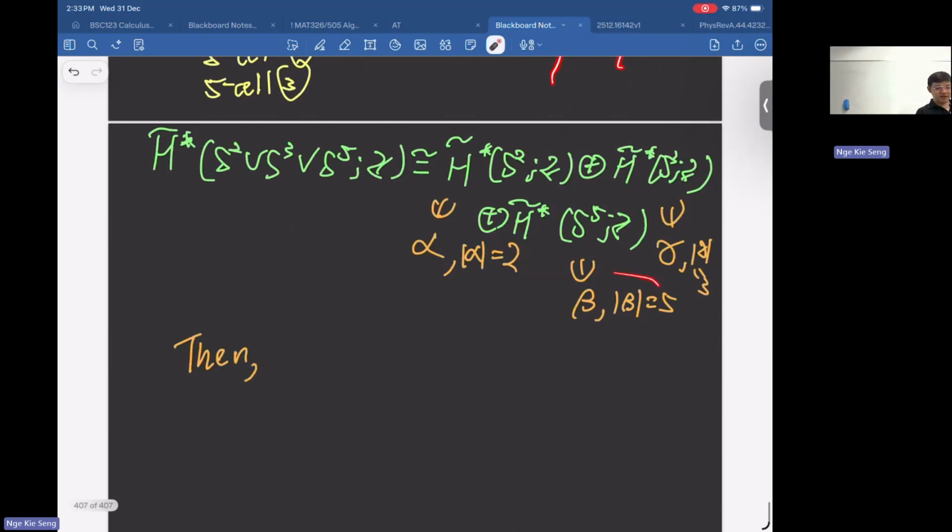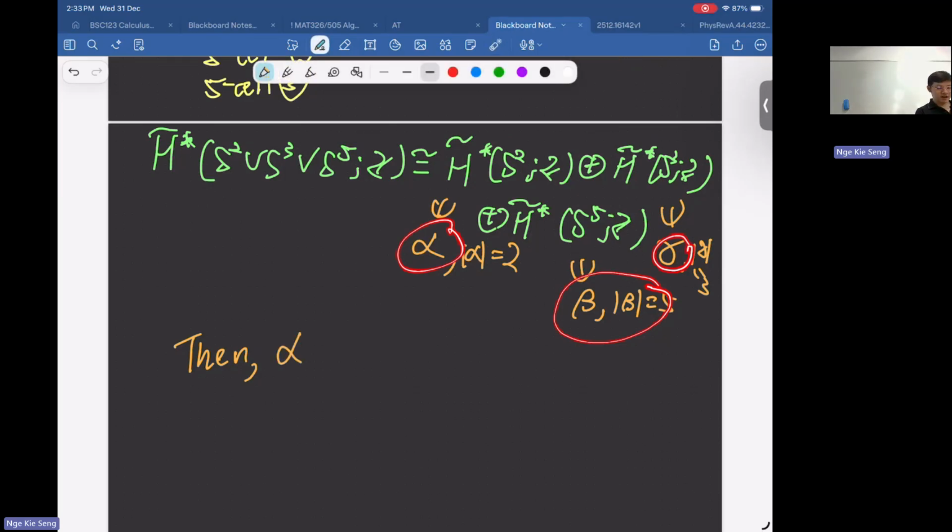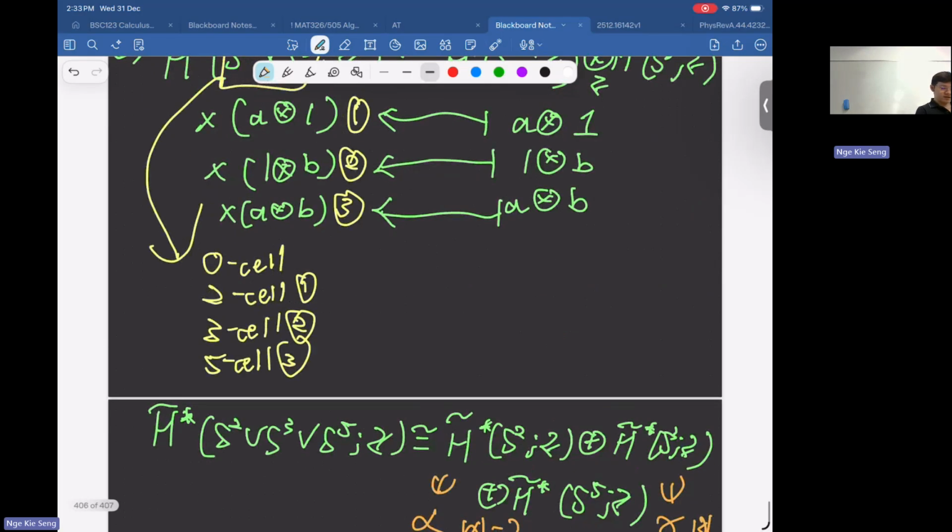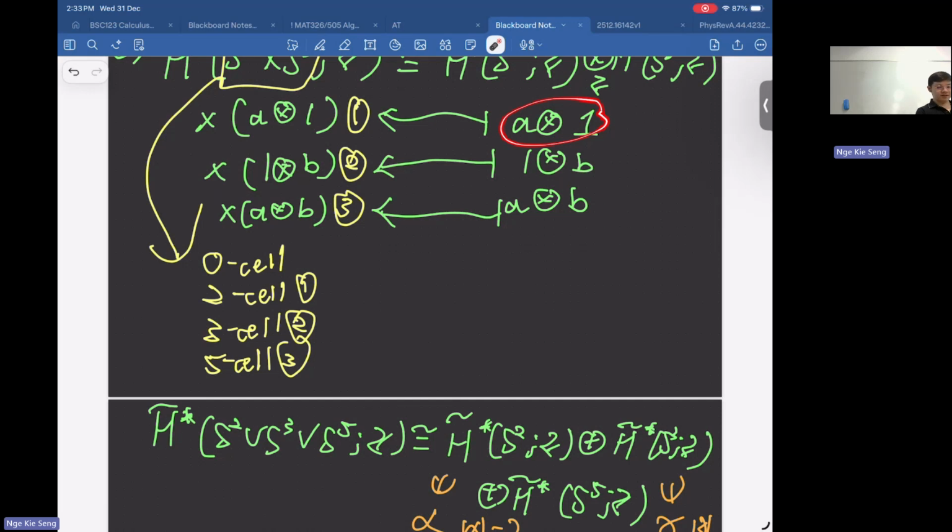But the degree 5 here is not coming from degree 2 and degree 3. In this case here, alpha cap gamma is 0. But on the other side, A tensor 1 tensor B is non-zero.